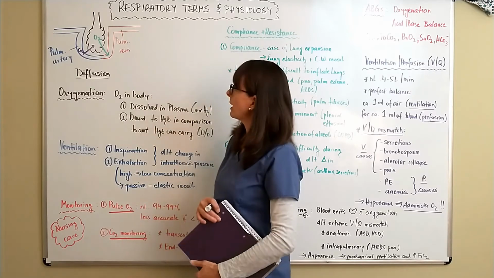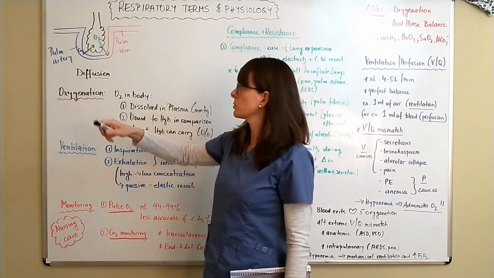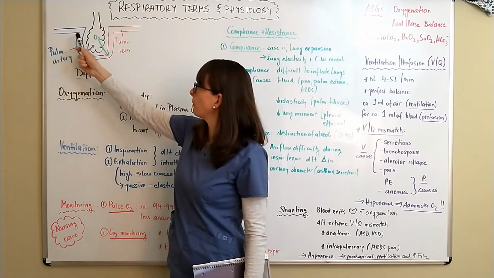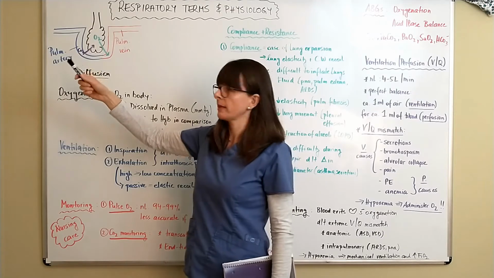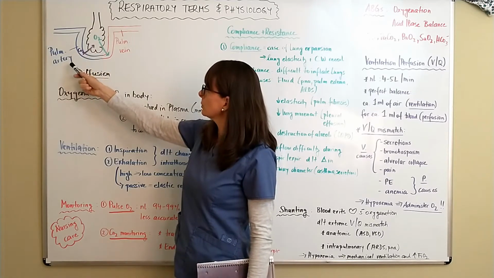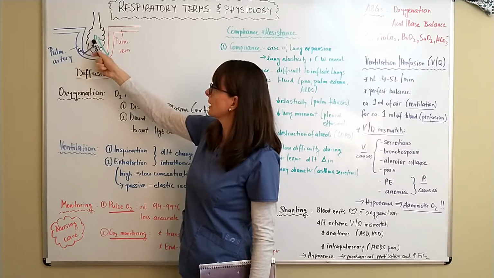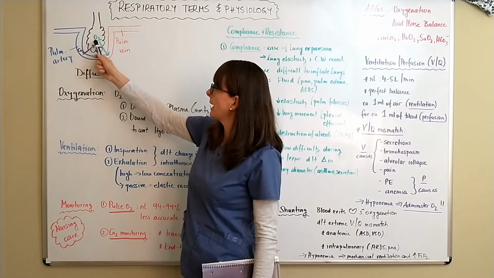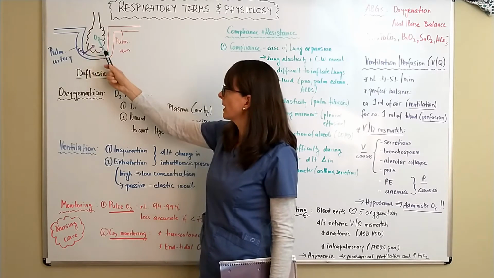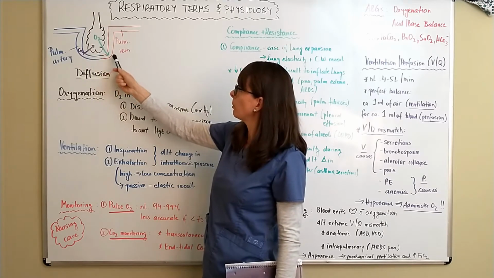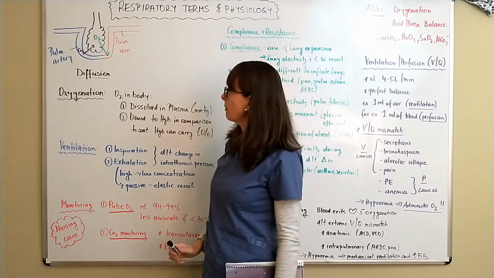As we know, we have our alveoli here in black, and the blood flows into the lungs from the pulmonary artery, and the blue here represents the deoxygenated blood. Then CO2 is diffused into the alveoli, and O2, oxygen coming in through the lungs and the alveoli, gets diffused into the pulmonary vein and is transported to all the cells throughout the body.